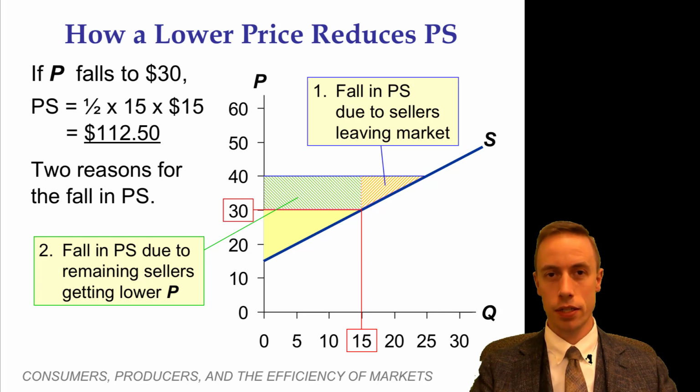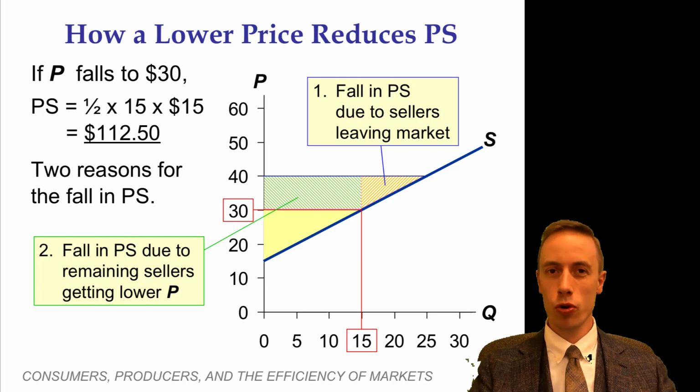I've highlighted this in the shaded green area. Together, this explains the $200 loss to sellers. Some due to fewer shoes being sold, some due to lower producer surplus on shoes that are still sold. And that is producer surplus.